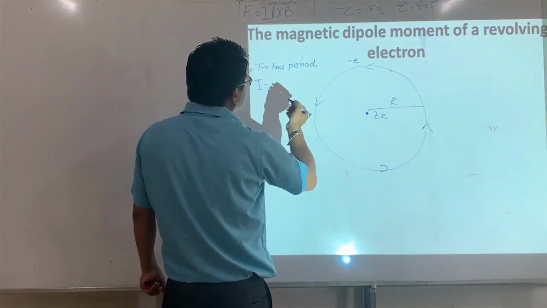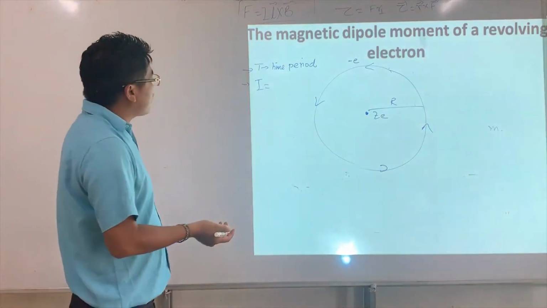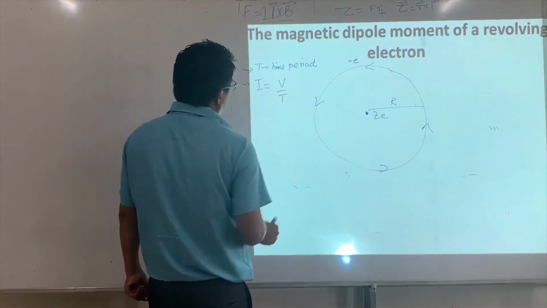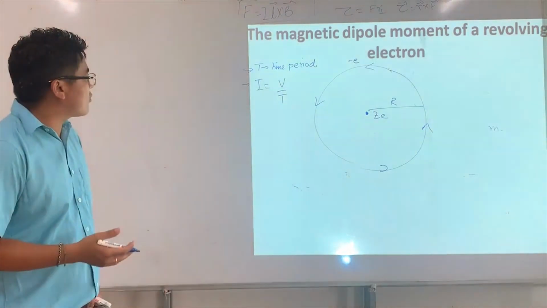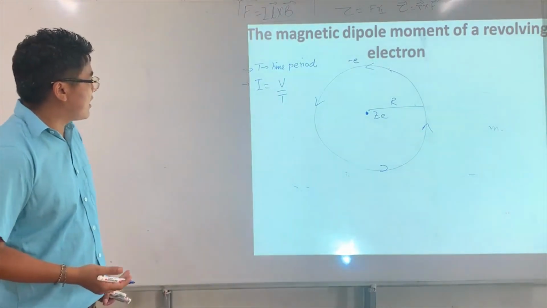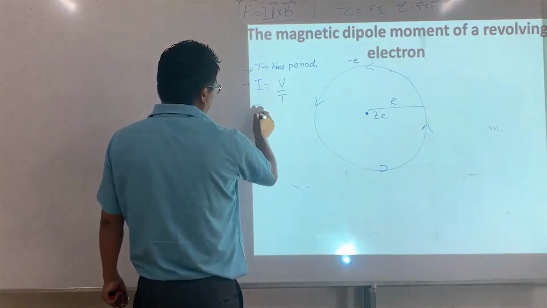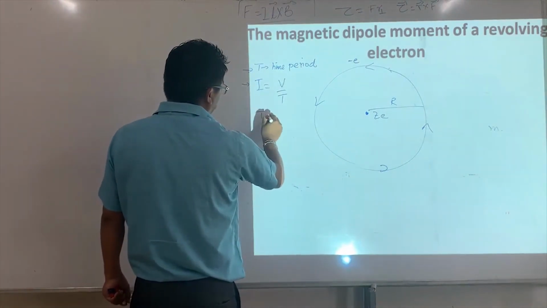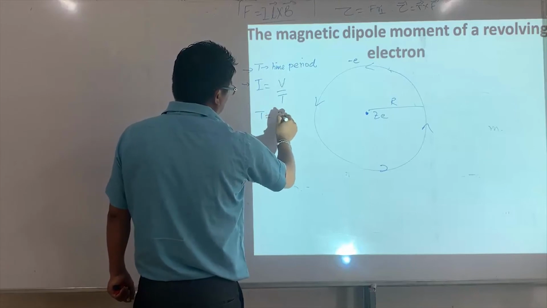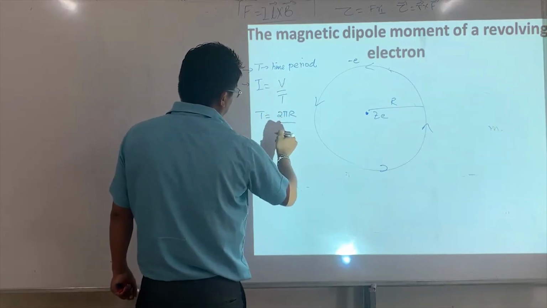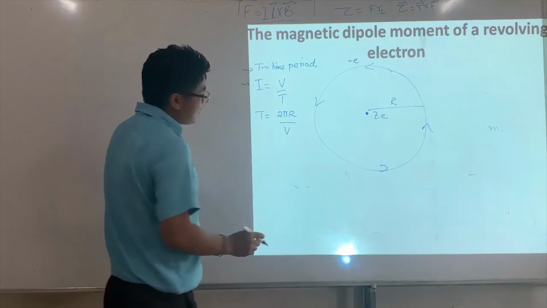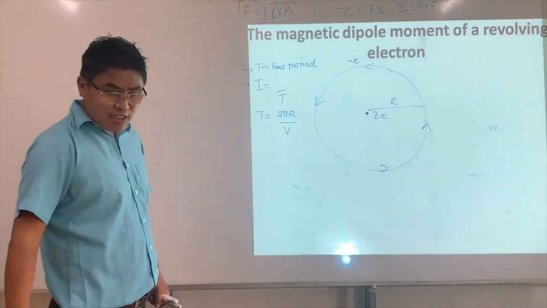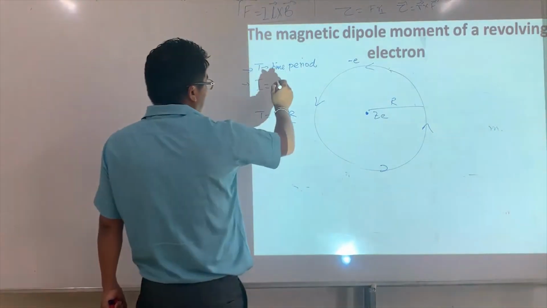This is what we call the rate of flow of charge. What about the time period? The time period is going to be 2 pi r divided by velocity. I'm sorry, this is going to be Q. This is the rate of flow of charge.